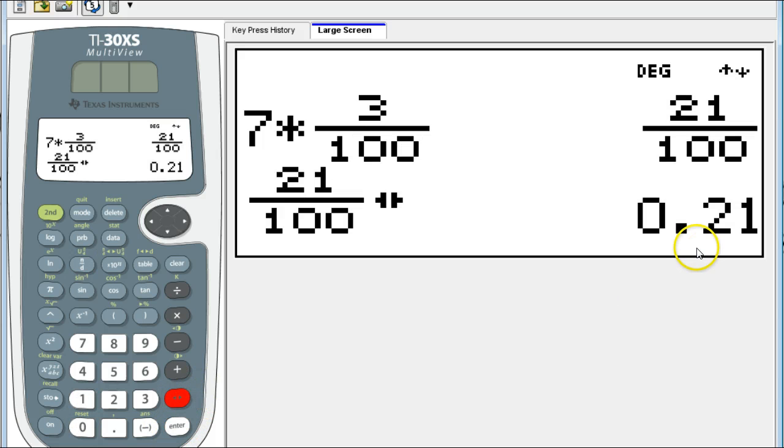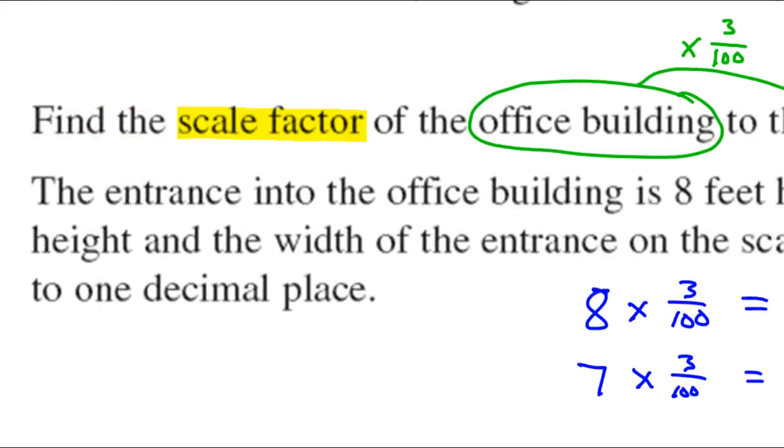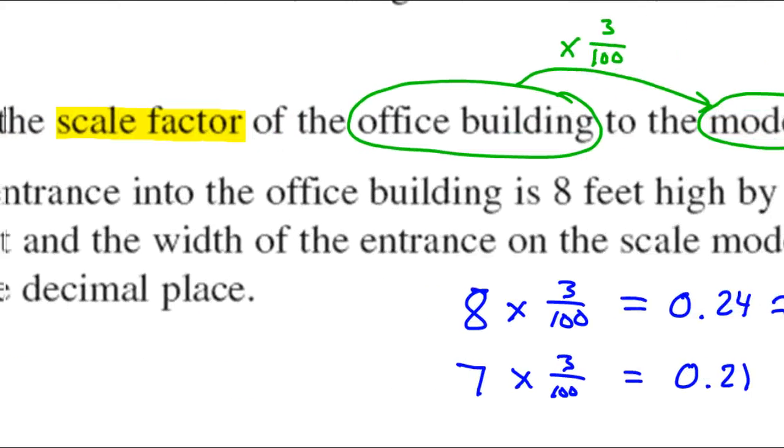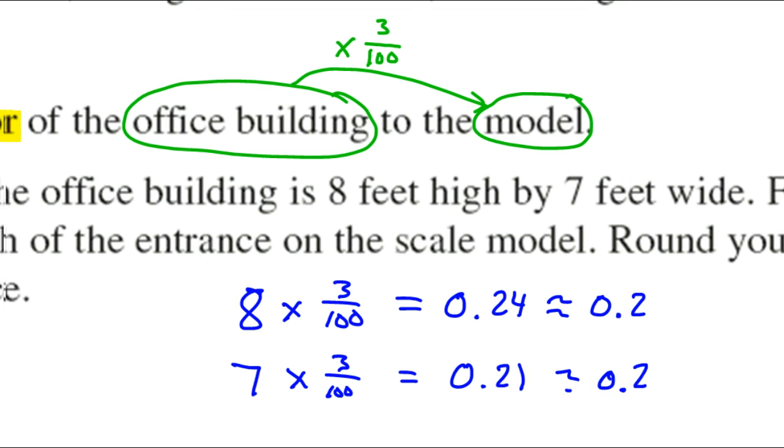That's 0.21. That would also be 0.2, so I'm not really liking that. Let me see what it says. Round your answer to 1 decimal place. Well, it seems silly to round to 1 decimal place, because if I do, that's going to be 0.2 feet both times. Maybe that's the problem.